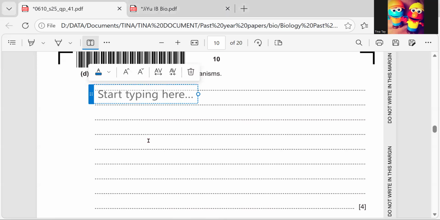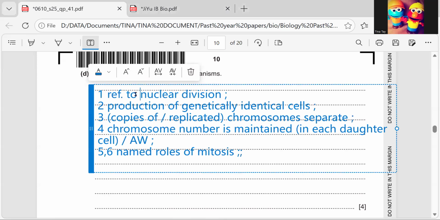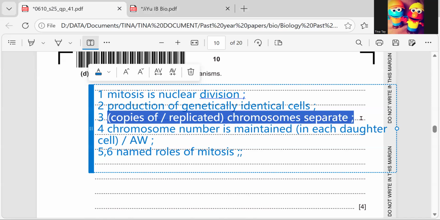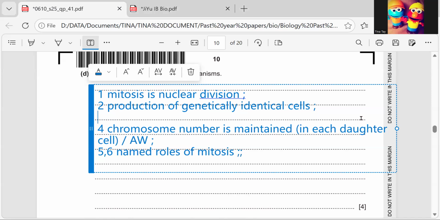Mitosis and its roles. Mitosis is nuclear division. It produces genetically identical cells. The chromosome number is maintained. It is used for asexual reproduction.